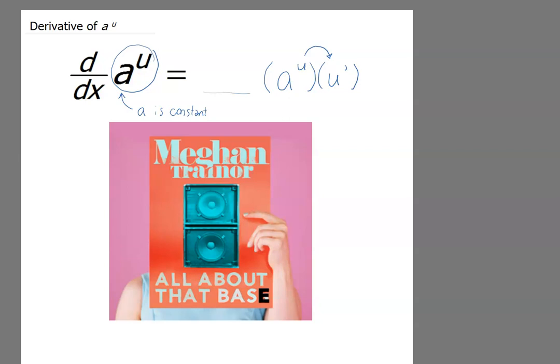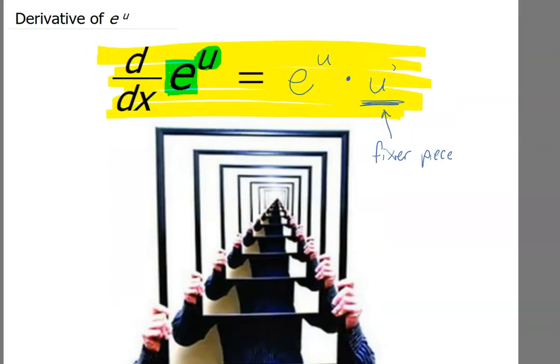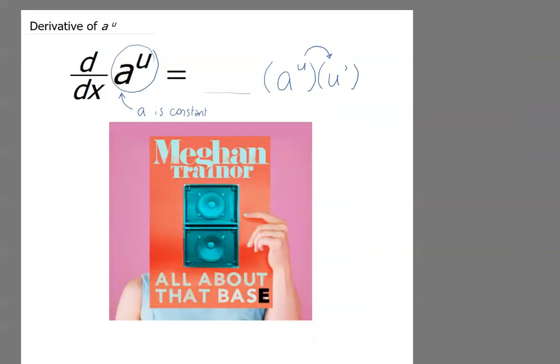Okay, so again, going back a couple slides, so far this is the same. It's just with a generic base of a rather than the specific number e. The adjustment we need to make if our base isn't e, just some other constant like a 5 or whatever, the only adjustment we need to make is that we multiply by a constant, natural log of a.